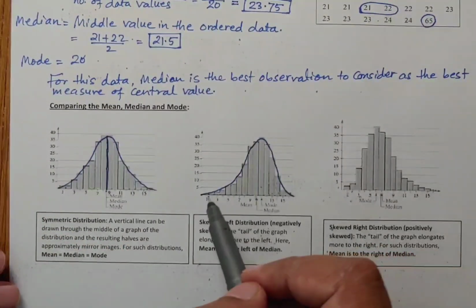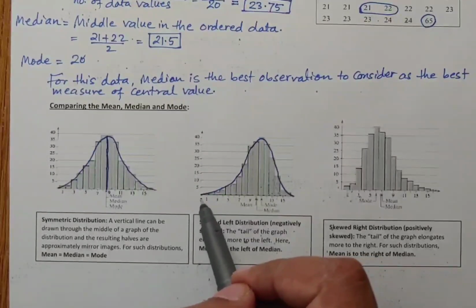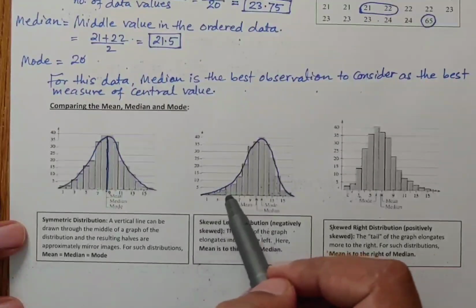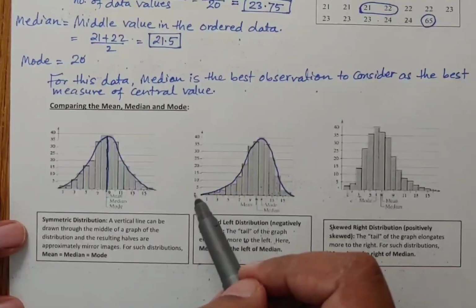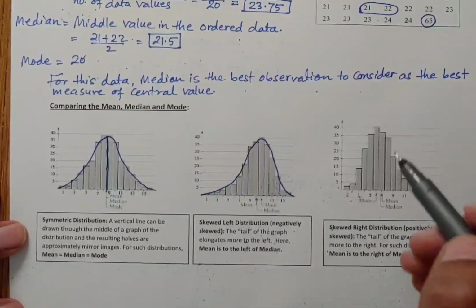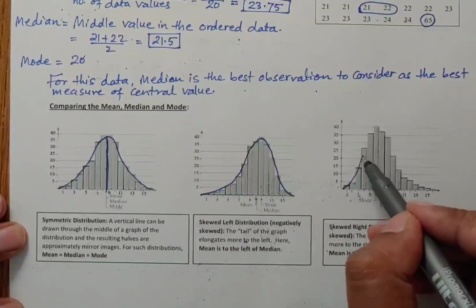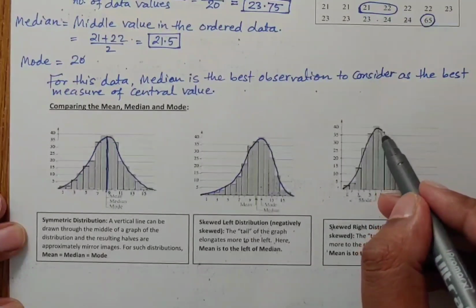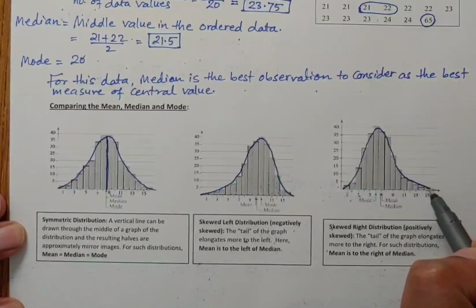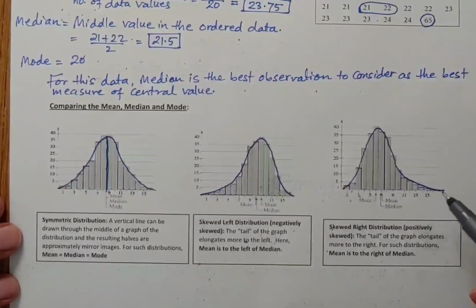It looks like it has a long tail on this side. So this is called skewed left. If you have a long tail on the left, it is skewed left. And now you have a long tail on this side. Okay, so this is called skewed right.